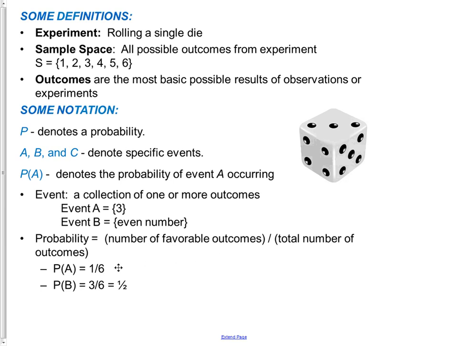In the example of rolling our die, the probability of event A, that is, the probability of rolling a 3, is 1 out of 6. We write that as a fraction, 1/6, or we can give a decimal. For event B, there are 3 even numbers out of 6 faces, giving us a probability, when we reduce the fraction, which we always should, of 1/2.